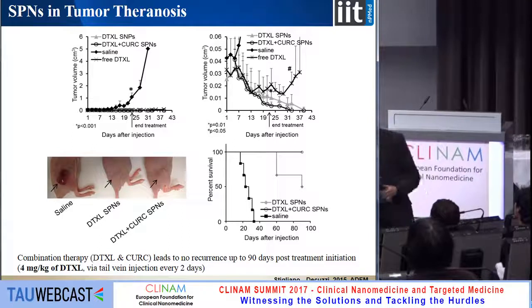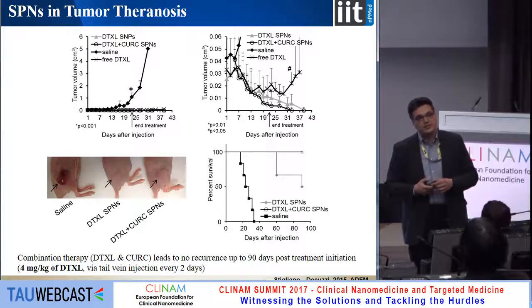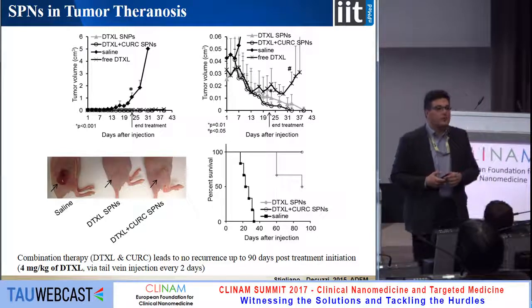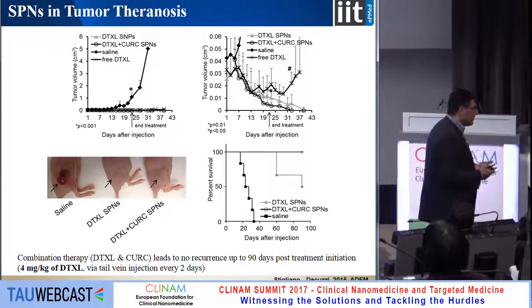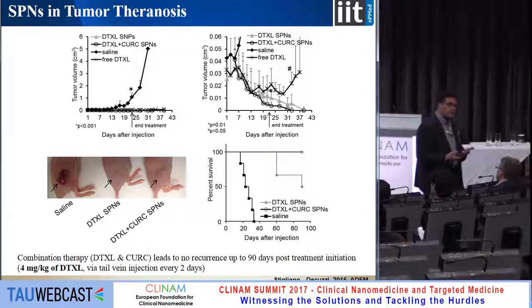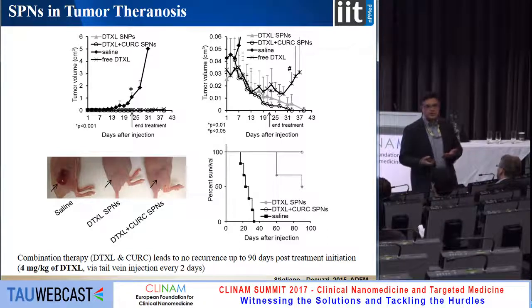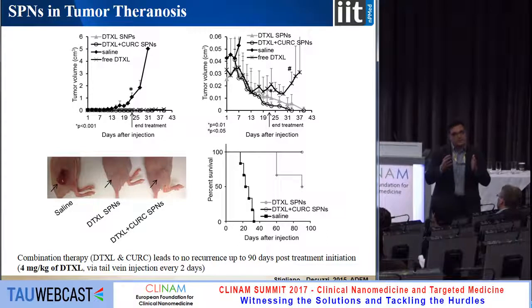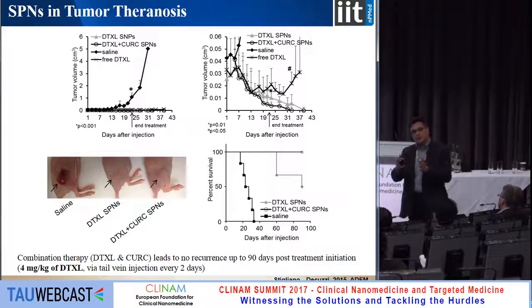So there is clearly a synergy between curcumin and docetaxel, but we have shown it also in the case of diclofenac, and we're working on celecoxib. So the message is combination therapies using anti-inflammatory drugs and chemotherapeutic drugs, and somehow having an efficacy not only on the tumor cells, but also on the tumor microenvironment.